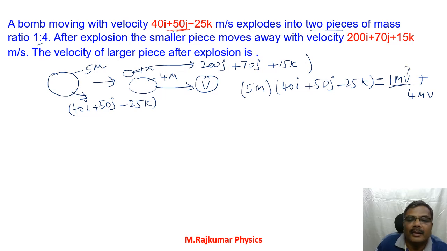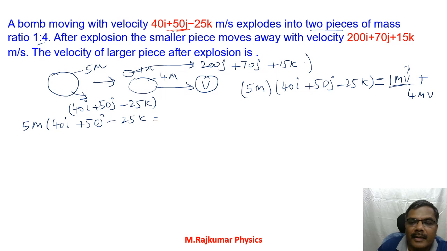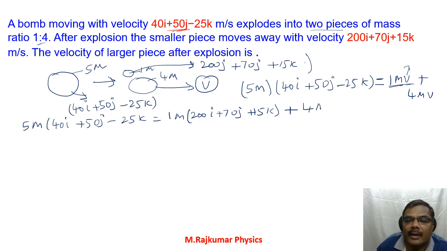So this can be written as 5m into (40i plus 50j minus 25k) equal to 1 into m, the small mass, times its given velocity 200i plus 70j plus 15k, plus 4m into v.